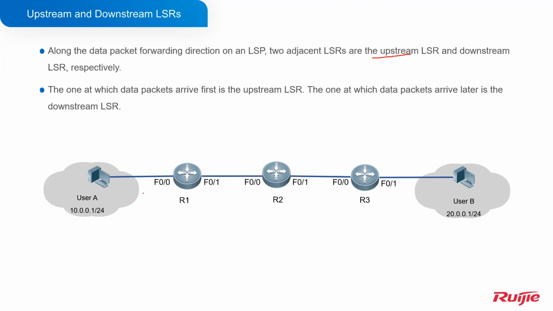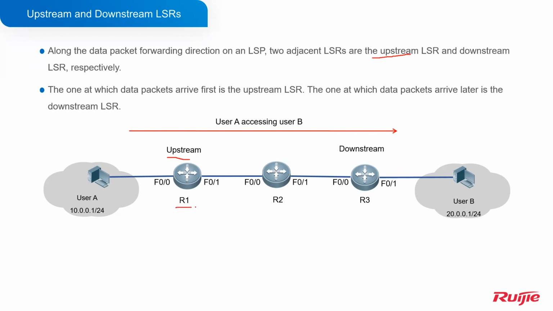For example, if we have user A and user B, with segments 10.0.0 and 20.0.0, and the packet direction is from left to right, we want to send the message to user B. First, the router that sends the message we call upstream, and the next router we call downstream. Of course, this is relative to different routers.